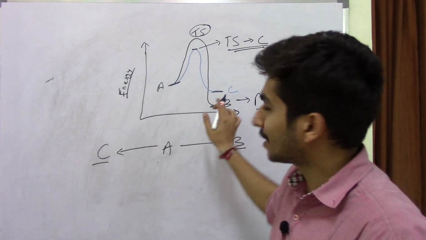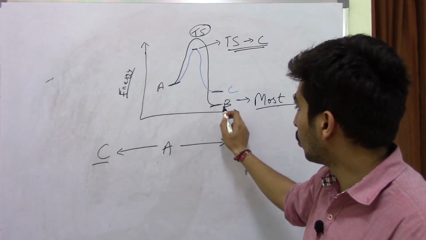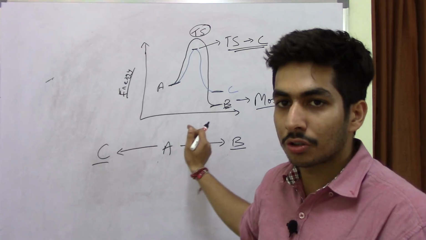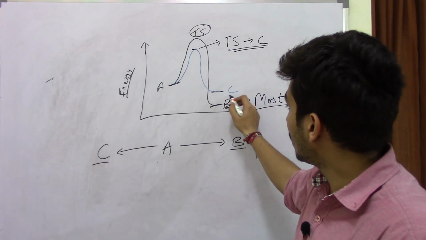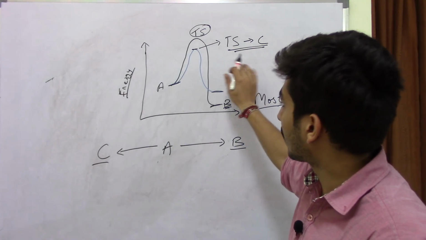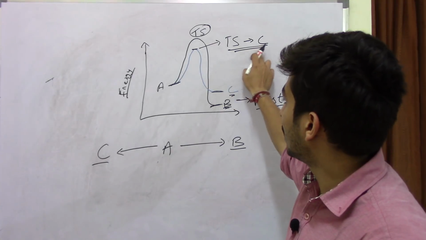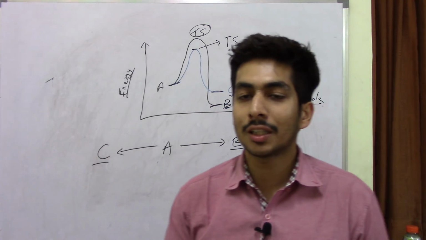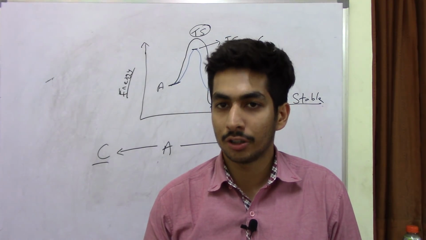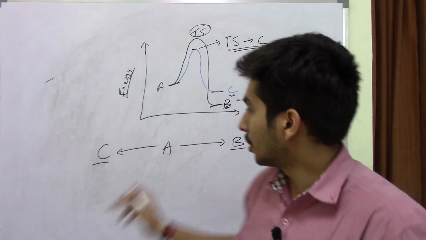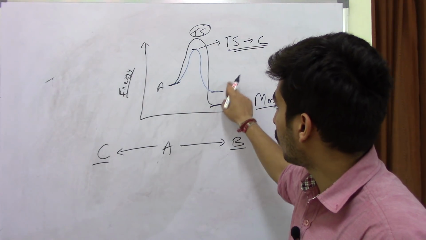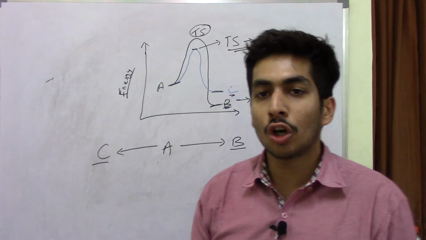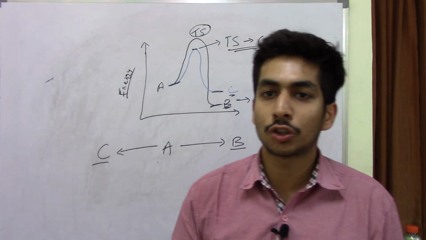So even though product C is less stable and B is more stable because it is of lower energy, even though C is of higher energy than B, yet the transition state of C can be lower. It does not mean that the transition state of C should also be higher. Just because the product C that is formed is of higher energy does not mean that the transition state also has to be of higher energy.